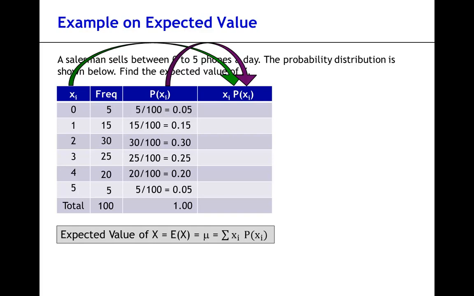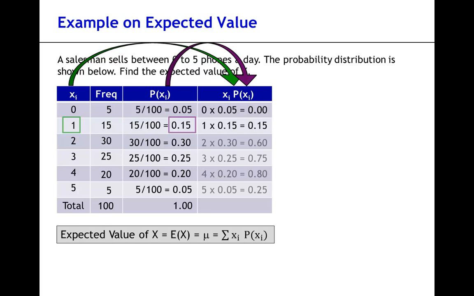When x sub i is equal to 0, we take the 0 and multiply it with the 0.05 to get 0.00. When x sub i is equal to 1, we take the 1 and multiply it with the 0.15 to get 0.15. Do the same for the rest. Then sum up this whole column and you should get the expected value of x as 2.55.